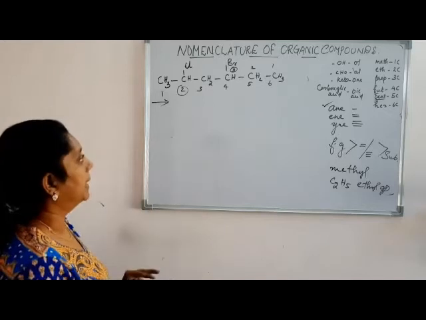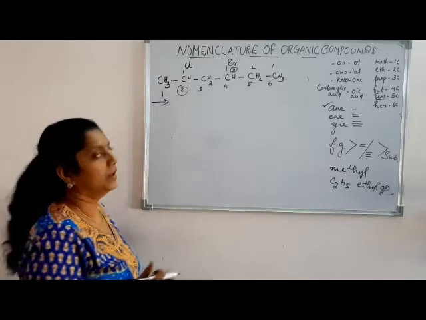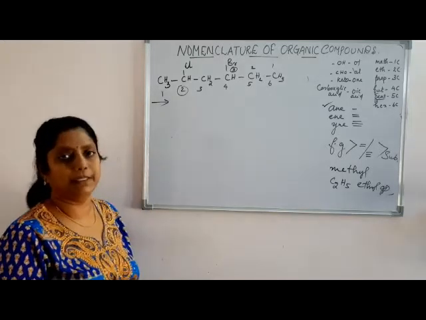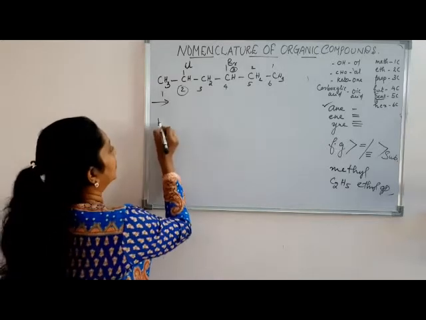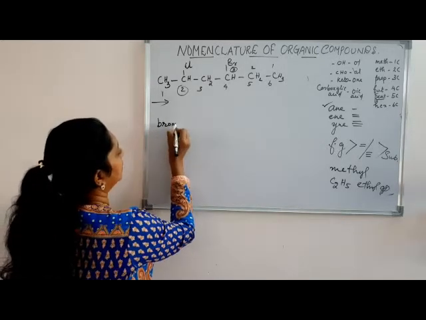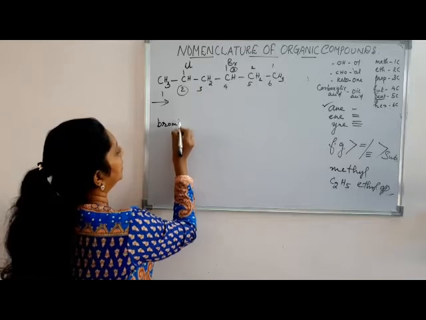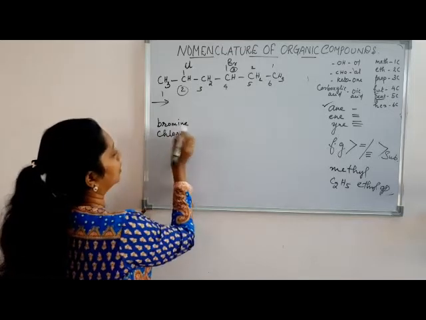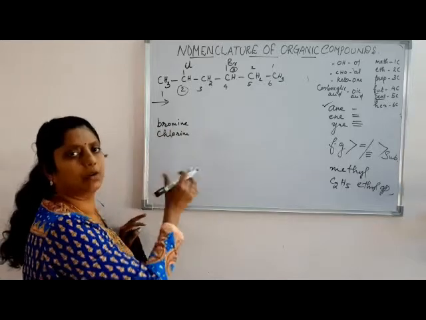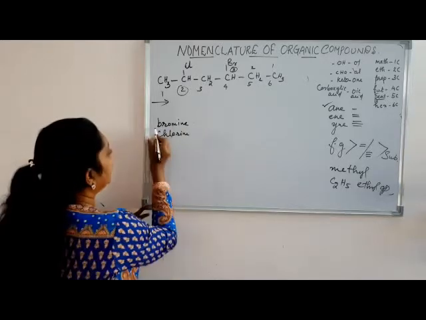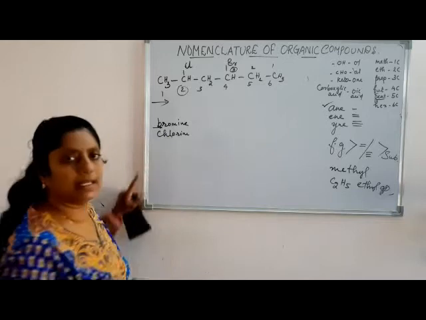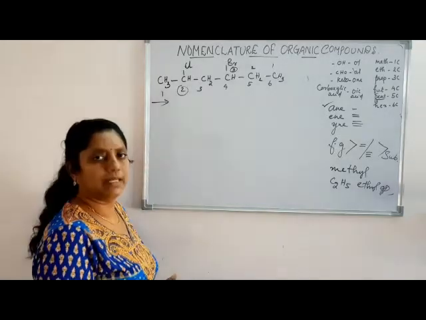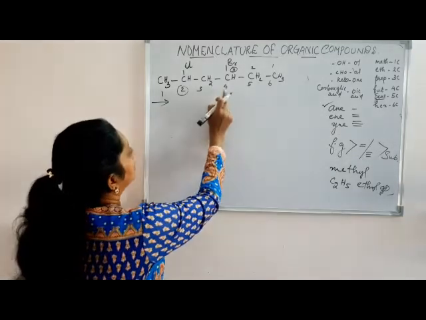Okay, but while writing the name, we have to follow the alphabetic order. Two substituents are here, one is bromine and the other is the chlorine atom. But we write only bromo for the bromine atom and chloro for the chlorine atom. Alphabetically, B comes first. So while naming the compound, we have to write bromine first.